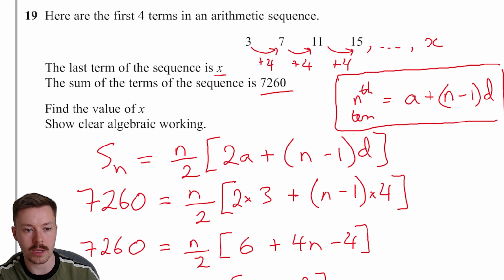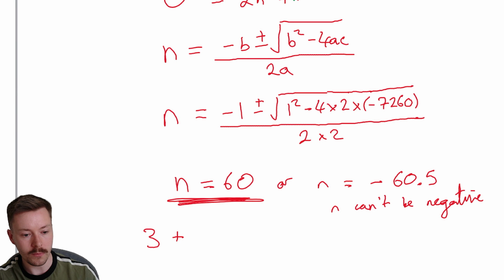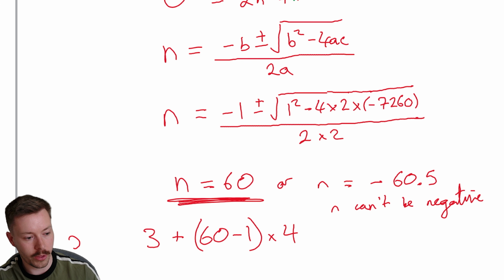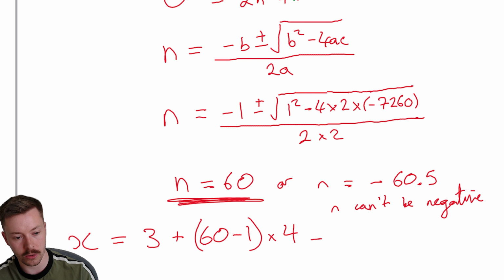So a is 3, d is 4, and n is 60. So we've got 3 plus n, which is 60, minus 1 times 4. That will give us our last term, our value for x. So 3 plus 60 minus 1 times 4 is 239.